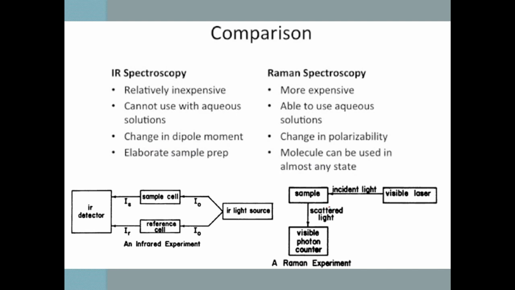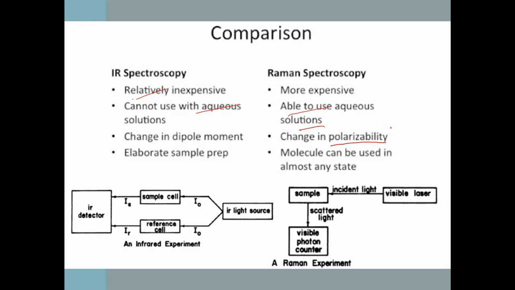So in the end, I'd like to compare what we infer from IR spectroscopy and Raman spectroscopy. IR is relatively inexpensive, but it cannot be used in aqueous solutions, though there are some developments there. But in Raman spectroscopy, you can use aqueous solutions, because it takes care of the change in polarizability. It is much easier to identify in aqueous solution.